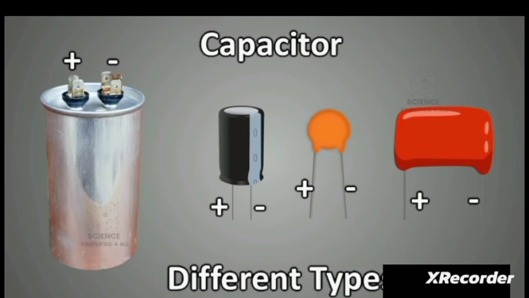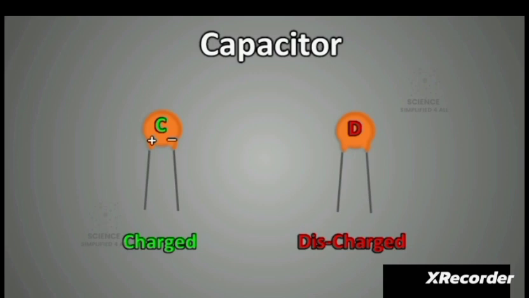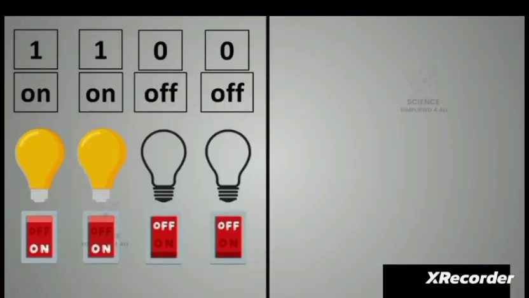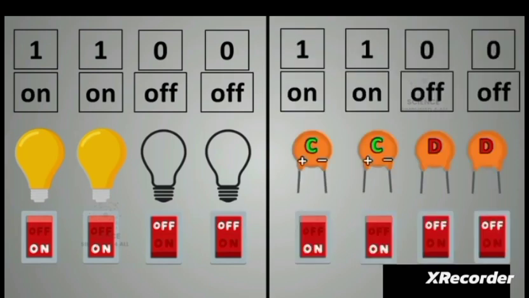A capacitor is a tiny device that can temporarily store a small amount of electric charge. You can think of it like a miniature battery. The difference is that, unlike a battery, a capacitor can charge and discharge very quickly, though it cannot hold that charge for long. Now let us replace the 4 bulbs with 4 capacitors.